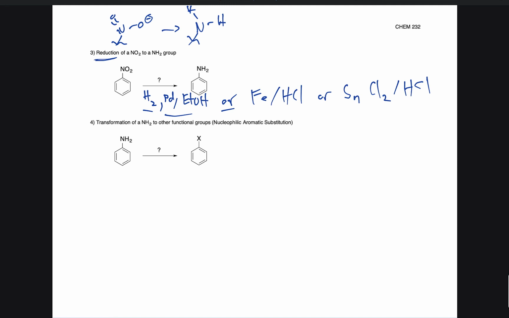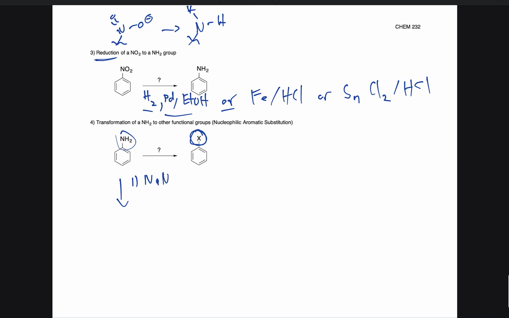Okay. So this last one here is more of a doozy. So we can also transform NH2 into a myriad of different functional groups represented by X here. So X can be really anything. So the general format for these is as follows.